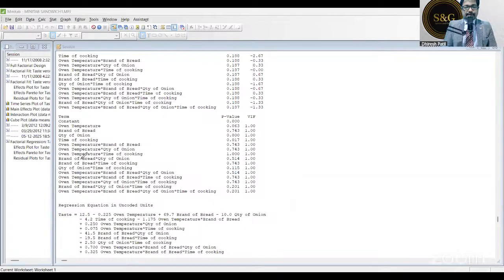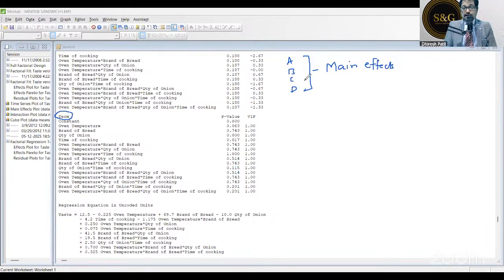You can see here term, meaning the factors and the combination of the factors. The main factors and the combination of the factors. Now try to understand this. When I have A, B, C and D, these are called as main effect or the main factors.